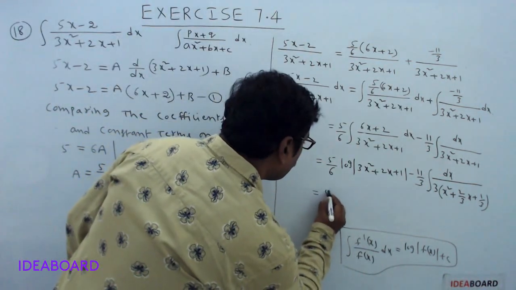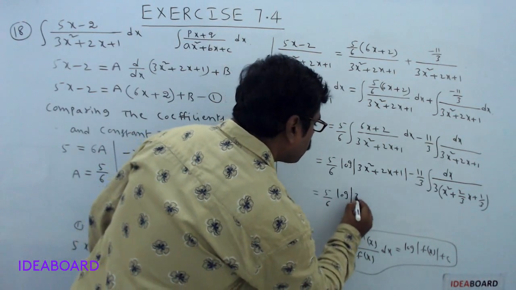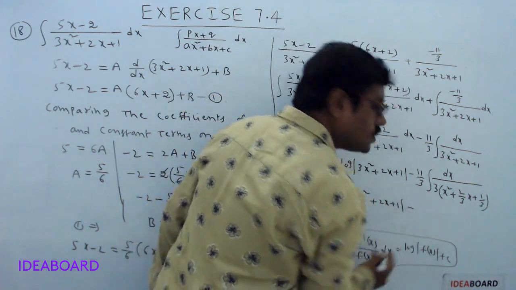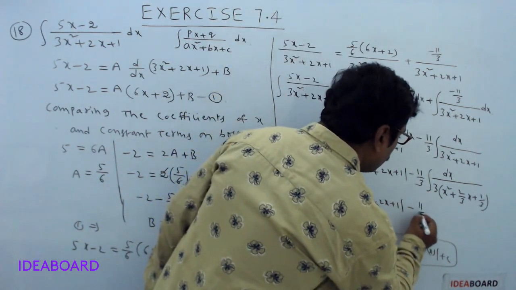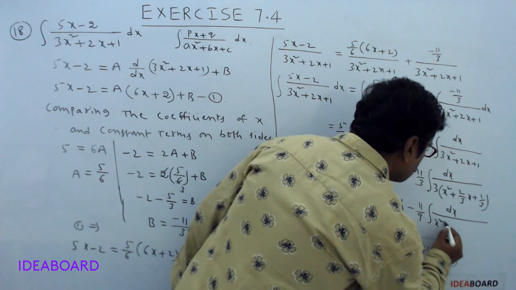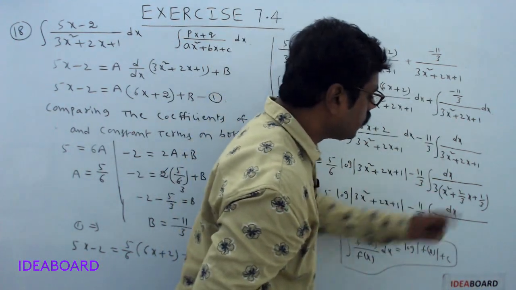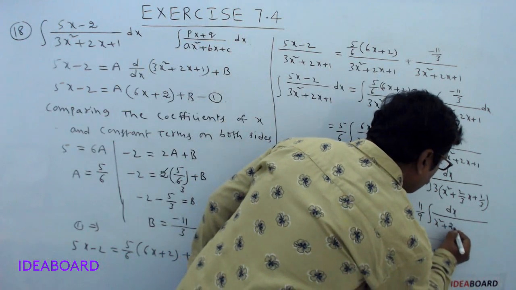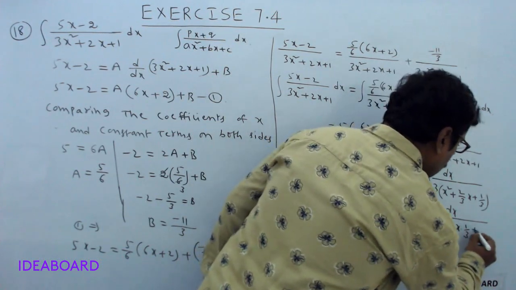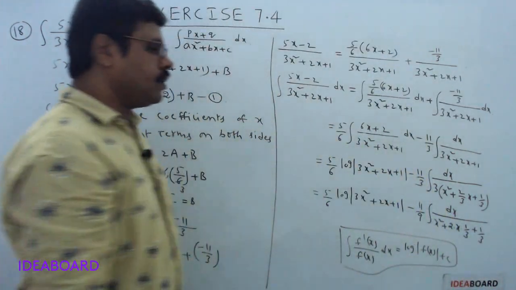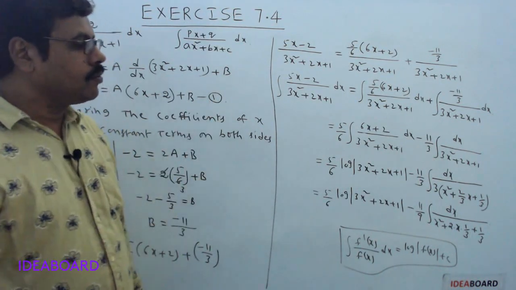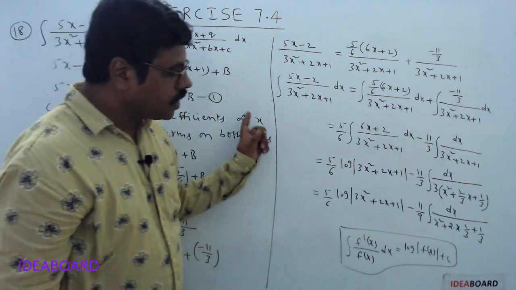Now this is equal to 5 by 6 into log mod 3x square plus 2x plus 1 minus, here 3 into 3, 9, 11 by 9 into integral dx divided by x square plus, here 2 by 3 into x can be taken as 2 into x into 1 by 3 plus 1 by 3. First you write down up to that step because it is somewhat lengthy problem. Later we will discuss the continuation of this problem.